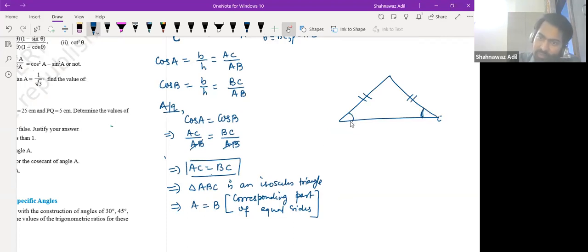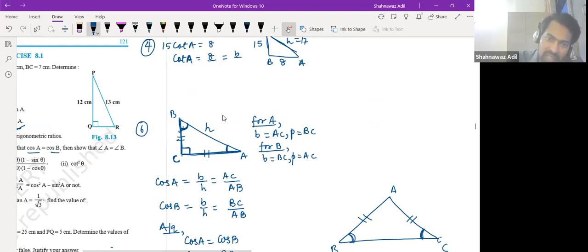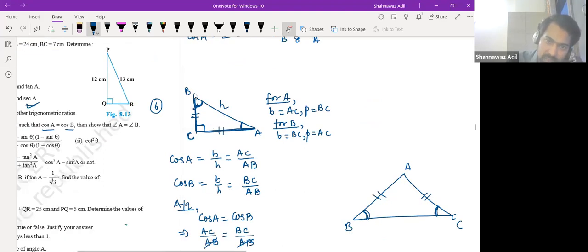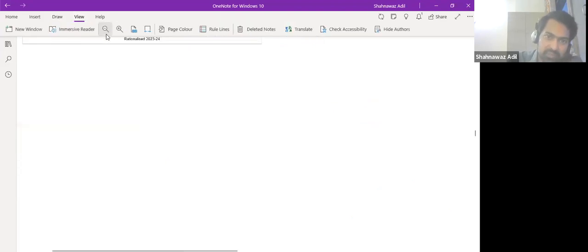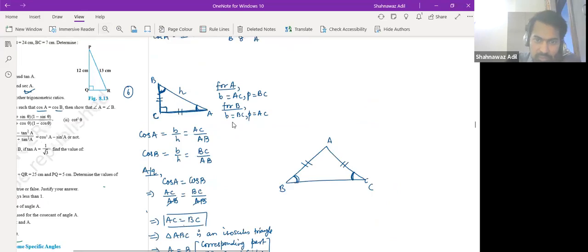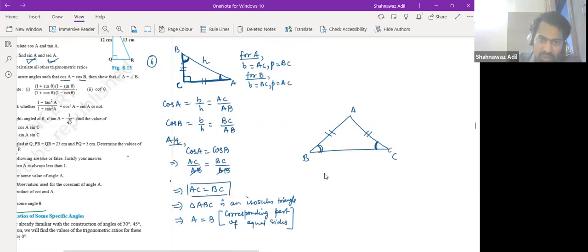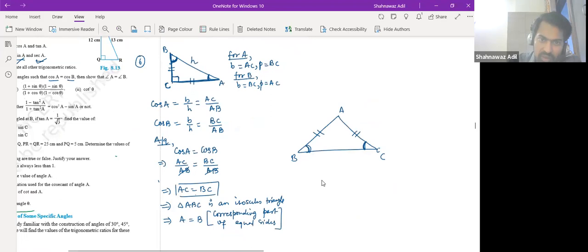In triangle ABC, if AB equals AC, then angle B equals angle C. Similarly, here we have AC equal to CB, which means this angle equals this angle. We already proved that A is equal to B, which is what we needed to prove.